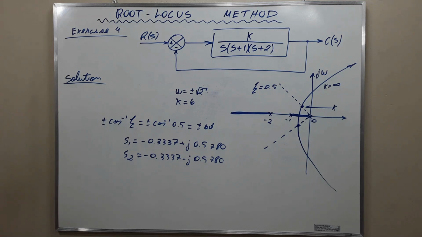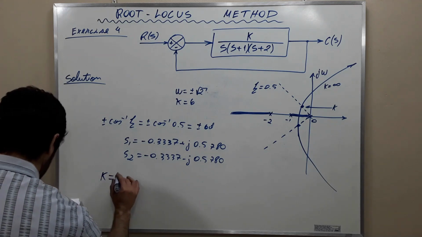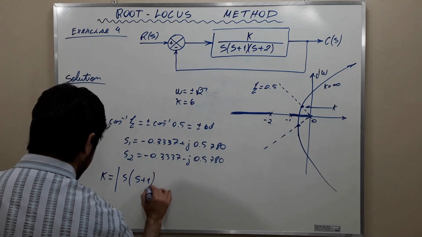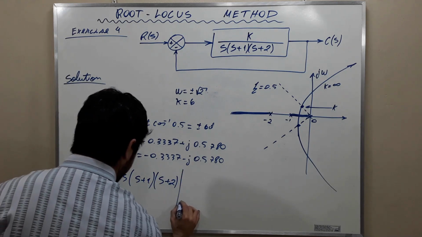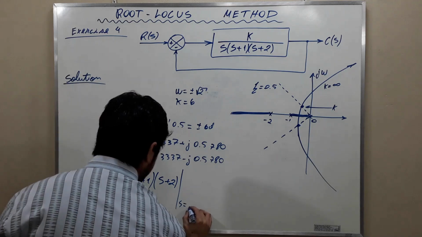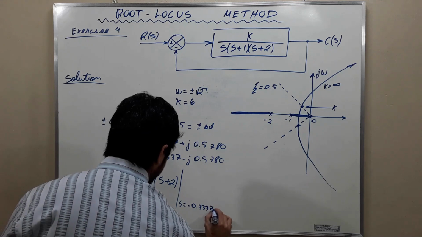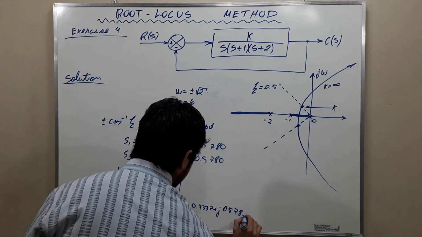We are going to find the value of K for such poles using the magnitude condition, which leads us to K equal to the magnitude of s times (s plus 1) times (s plus 2), for s equal to negative 0.3337 plus j 0.5780.